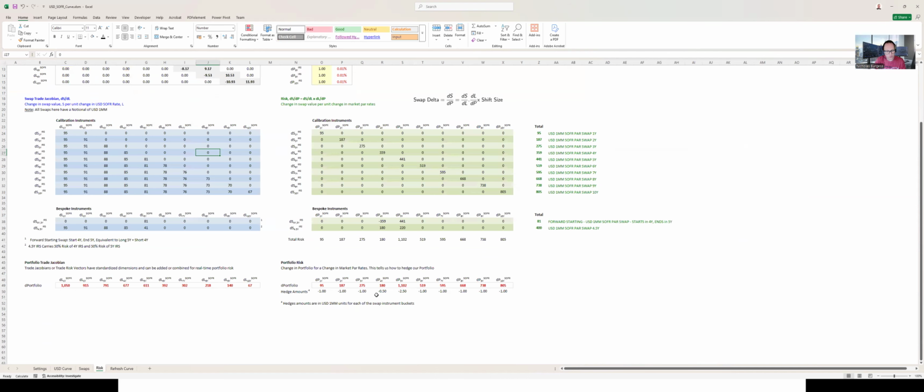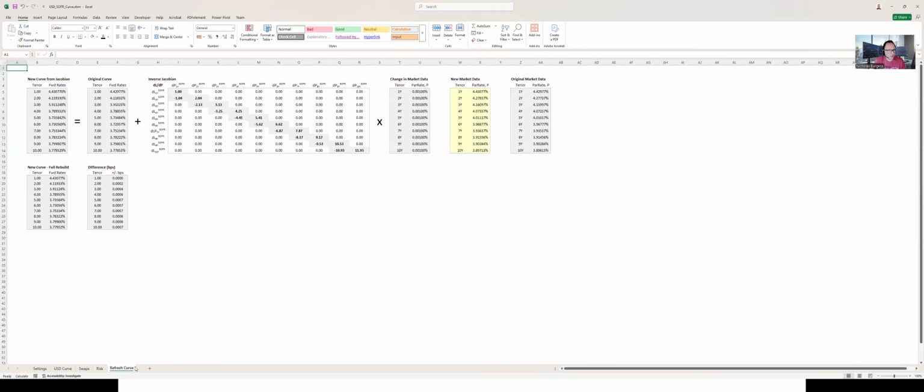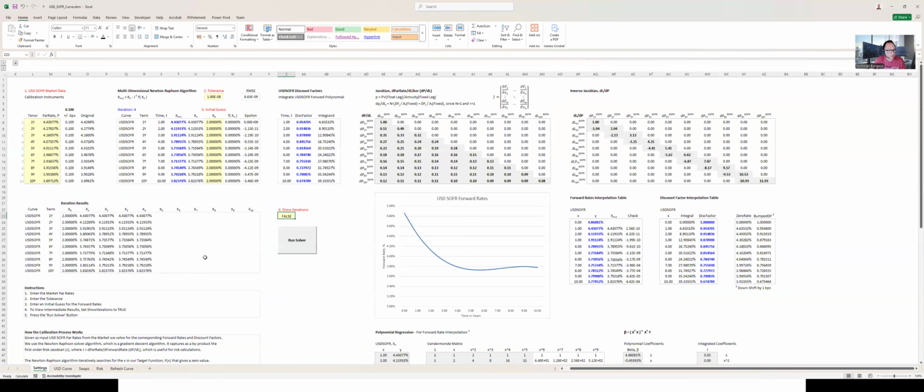It's kind of hard to show because it's so fast. I'm pressing refresh, and it looks like nothing's happening, but it's just real time, and that's the goal. I can also refresh my curves in real time too. It's all super fast. Now this workbook and all the formulae and all the background information are in the links below this YouTube video.